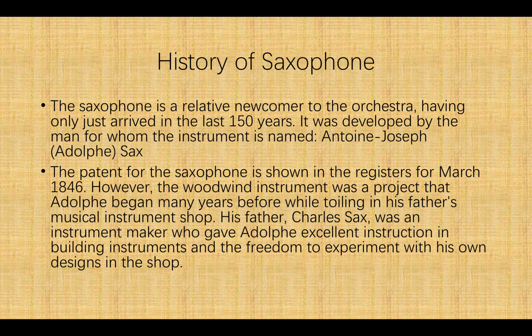However, the woodwind instrument was a project that Adolphe began many years before while toiling in his father's musical instruments shop. His father, Charles Sax, was an instrument maker who gave Adolphe excellent instruction in building instruments and the freedom to experiment with his own designs in this shop.